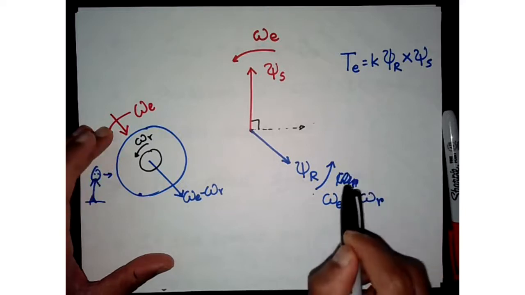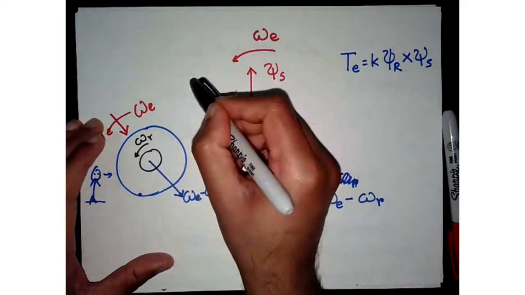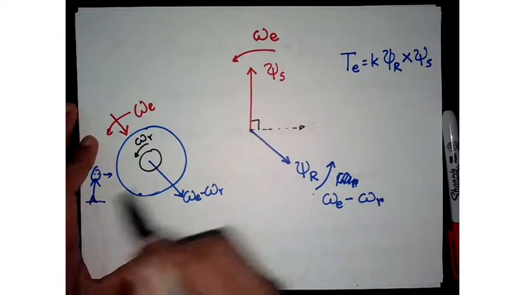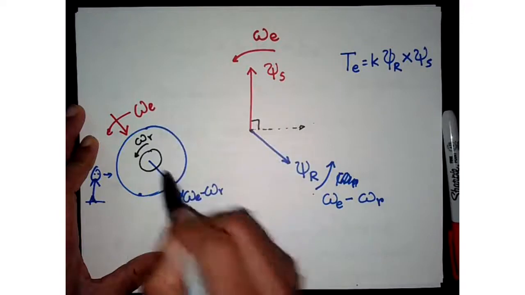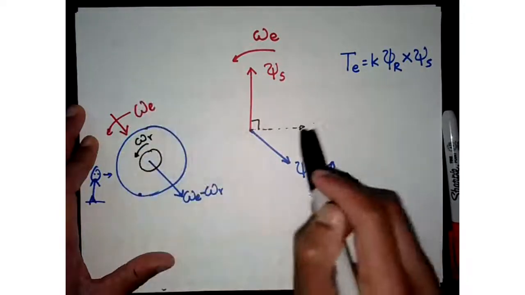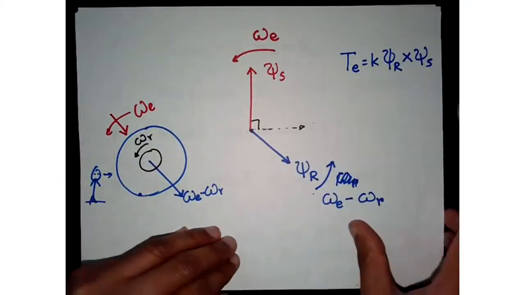However, since the rotor flux is on the rotor, with respect to the stationary frame, or an external stationary observer, both the stator flux and the rotor flux will be rotating at omega e, which helps us achieve field-oriented control.